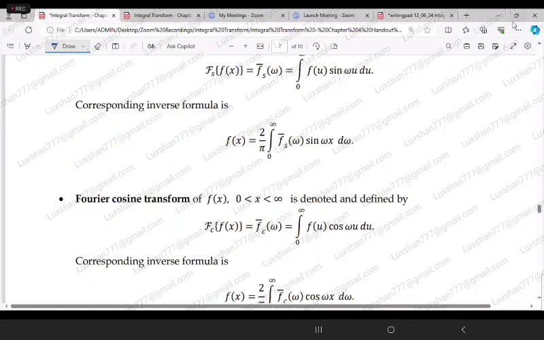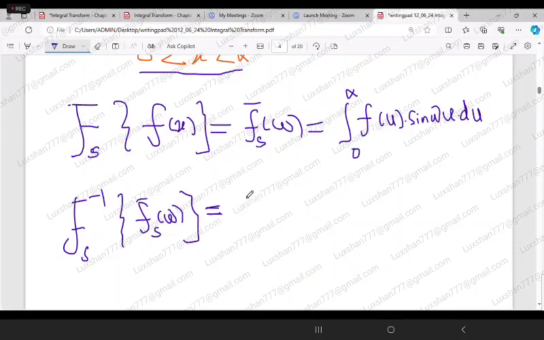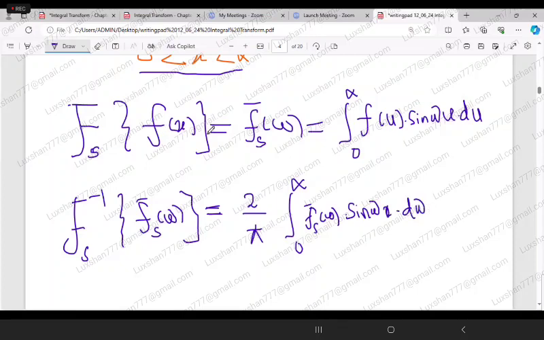Be careful with these things. So this is the inverse.